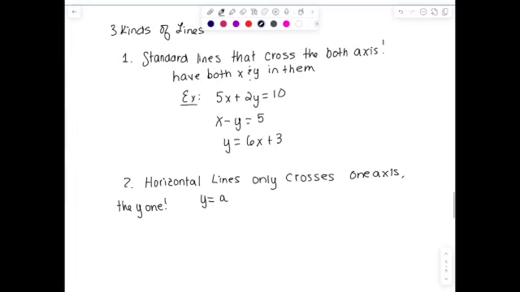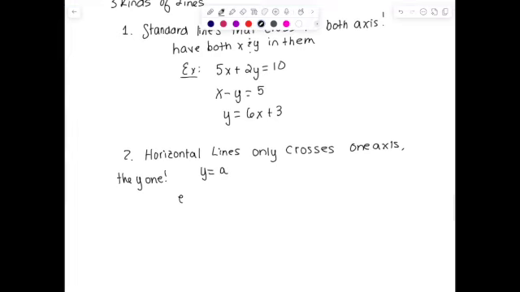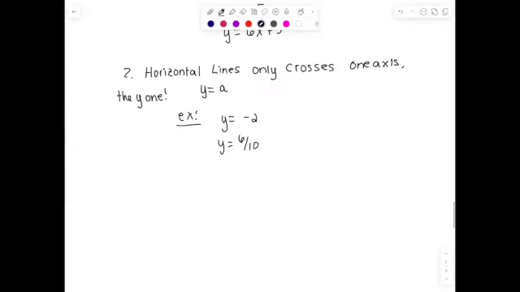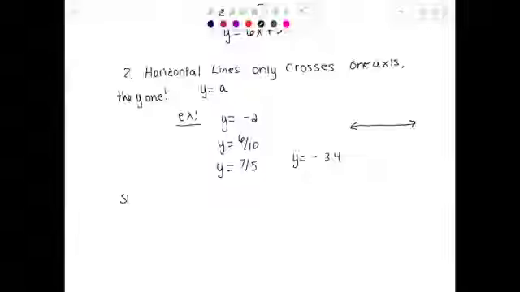They're going to be in the form y equals some number. So examples: y equals negative 2, y equals 6 thirds, or 6 eighths, tenths, y equals 7 over 5, stuff like this. y equals negative 34. They're all examples of horizontal lines, and they look like this. Their slope is 0.